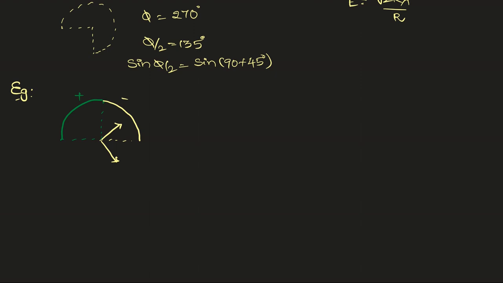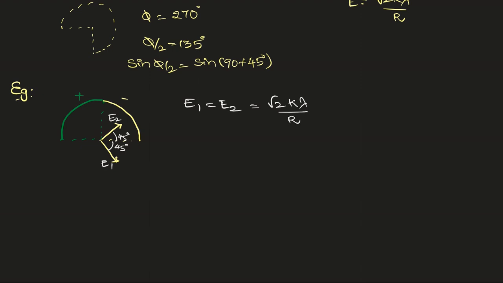Let's assume this as E2 and this as E1, so this angle will be 45 degrees. This angle will also be 45 degrees. So those two are inclined at an angle of 90 degrees. What is their resultant? E1 and E2 are the same in magnitude. It will be root 2 k lambda by r.